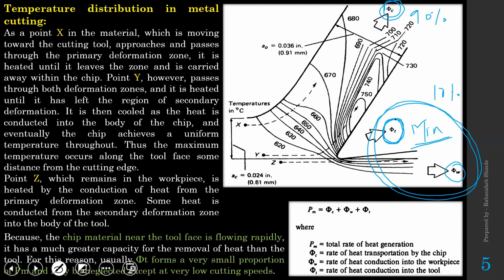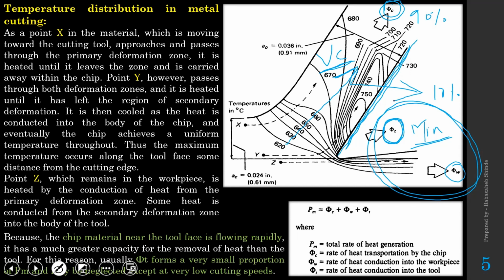Because when the chip flows along this rake face of the cutting tool, the velocity of the chip will be very high, and because of that high speed, it will be in contact with this rake face for a very short duration, and that won't allow much heat to penetrate into the cutting tool.